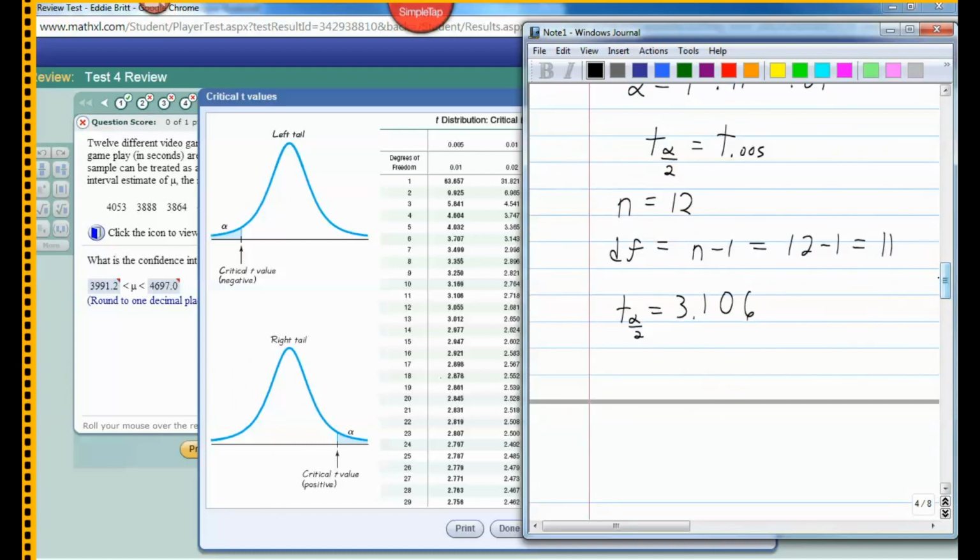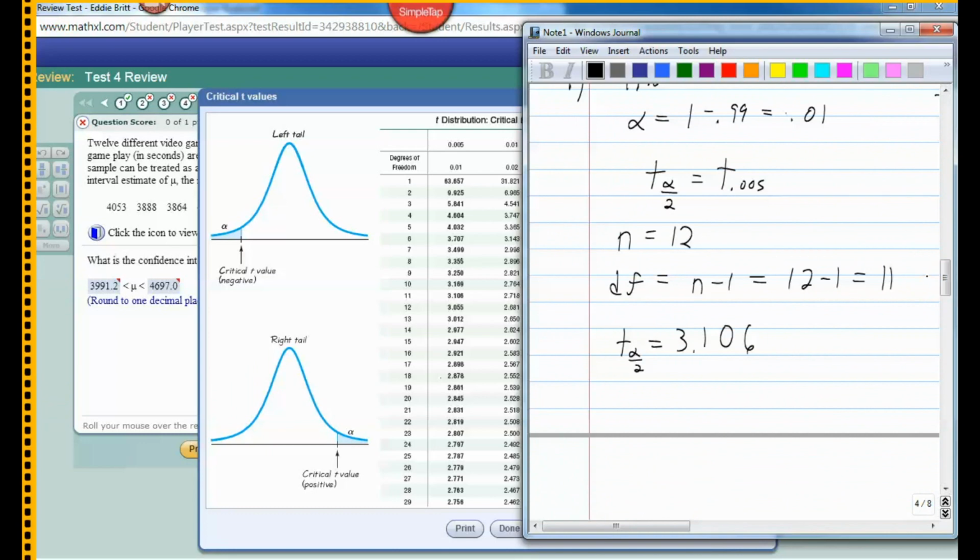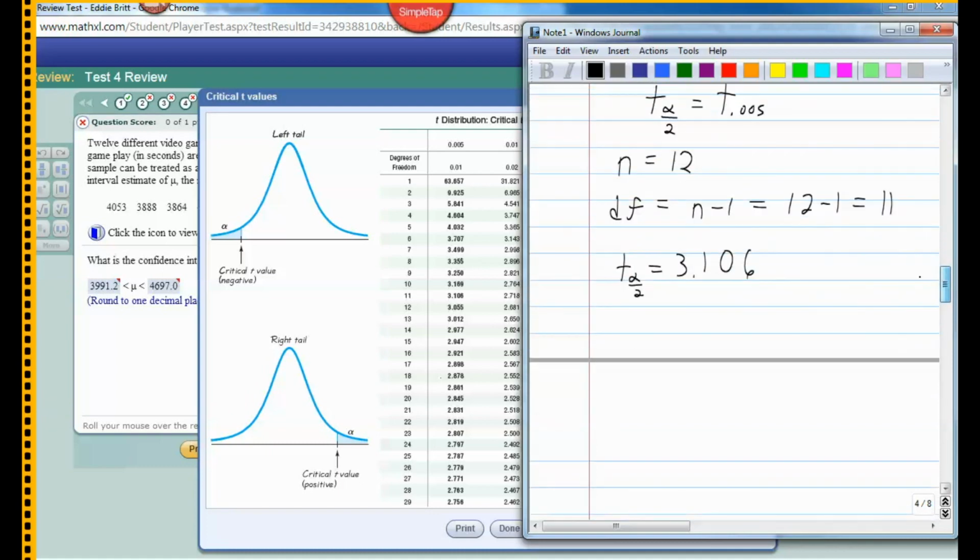The only other thing that we will need for our margin of error is n, which is 12. Remember, margin of error for this type of problem is critical t-score times sample standard deviation divided by the square root of n.